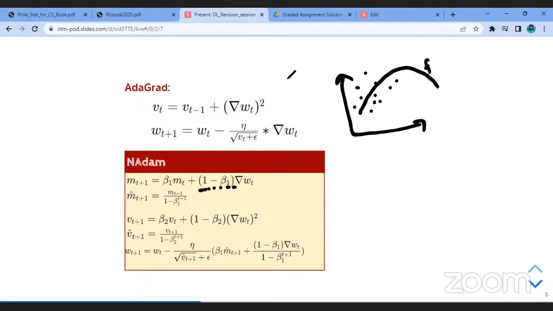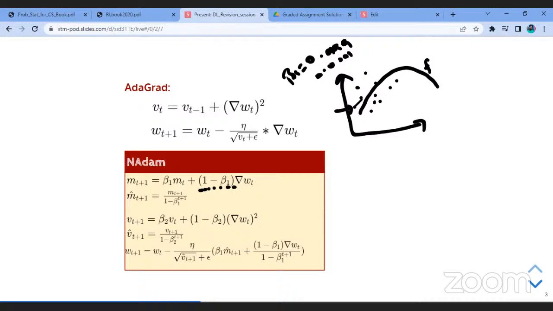Where beta 1 is, I'm not sure whether it is 0.9 or 0.999 or something. Then 1 minus beta 1 is near 0.001, right? So my initial point is actually here. This is the first point that is coming into my algorithm.